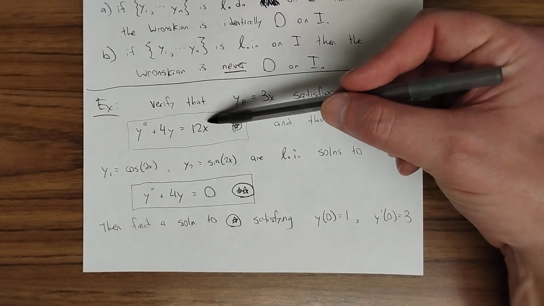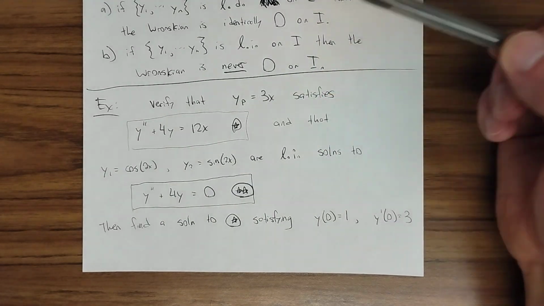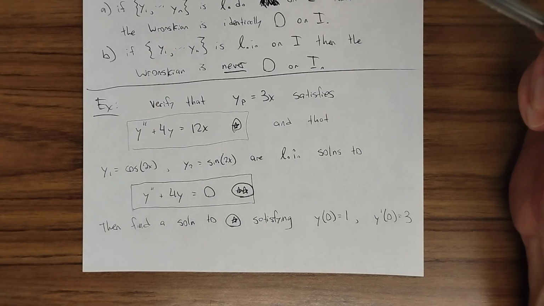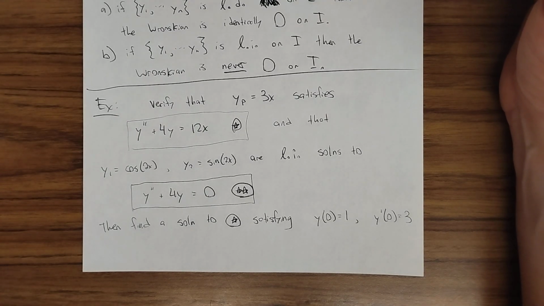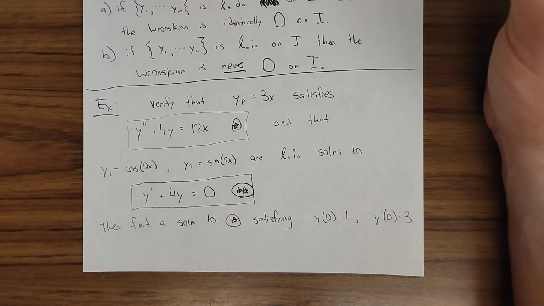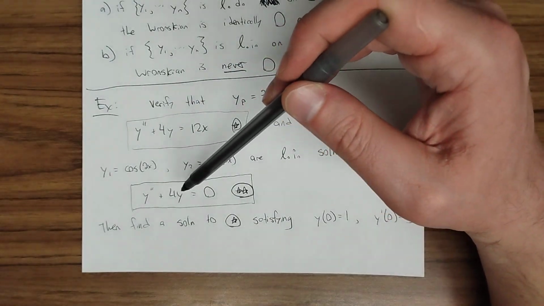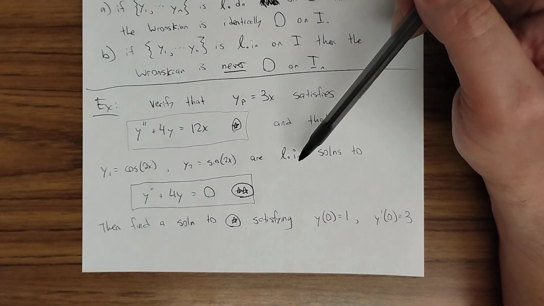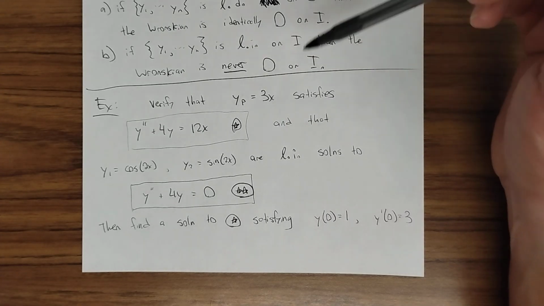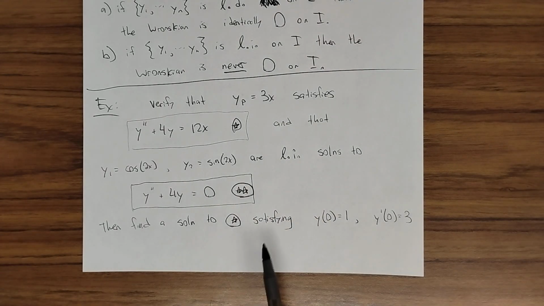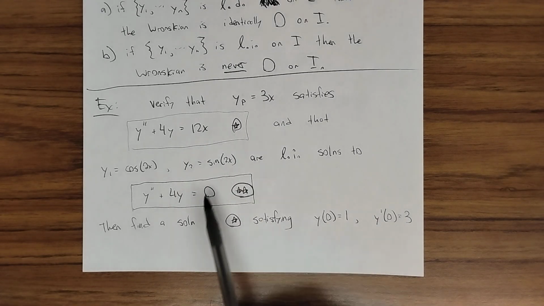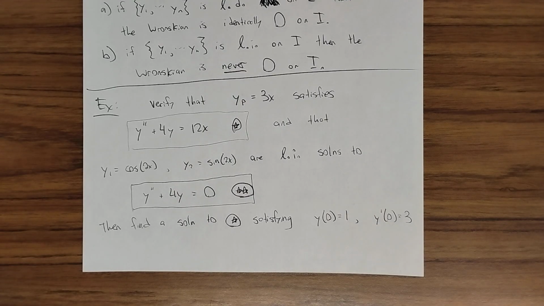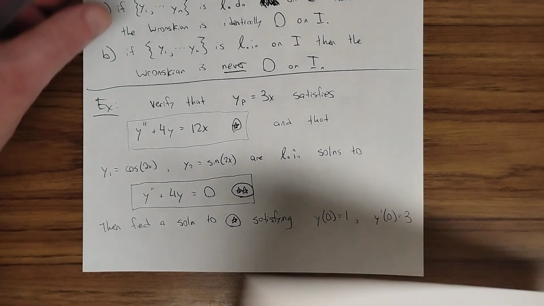Of course, it's just the same as star, except I replace the right-hand side with 0 to make it homogeneous. And that part should also be easy. We're just plugging in things and checking that it's true, but also we're going to verify that it's linearly independent, which involves finding a Wronskian. Then we're going to find a solution to star which satisfies some initial conditions. All right, so let's go.